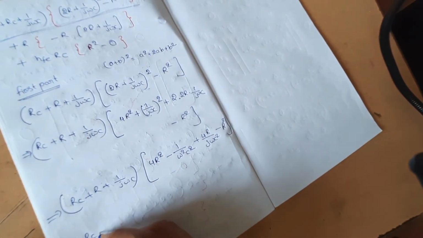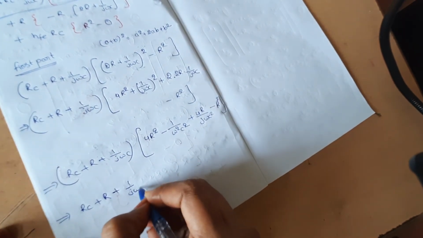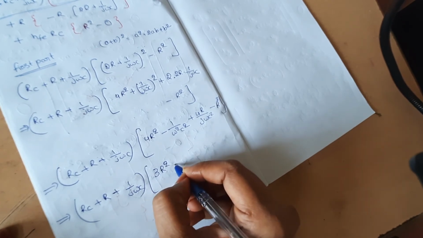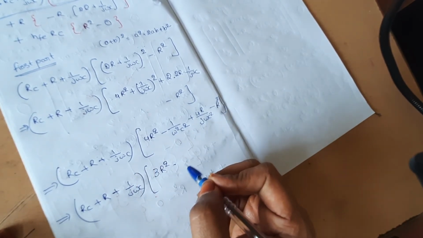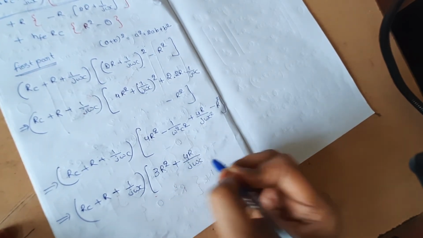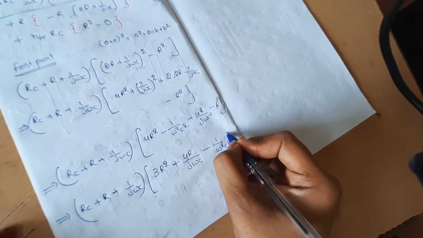So the final equation is RC plus 1 by j omega C is equal to 3R square, so 4R square minus R square equal to 3R square, plus 4R by j omega C minus 1 by omega square C square.